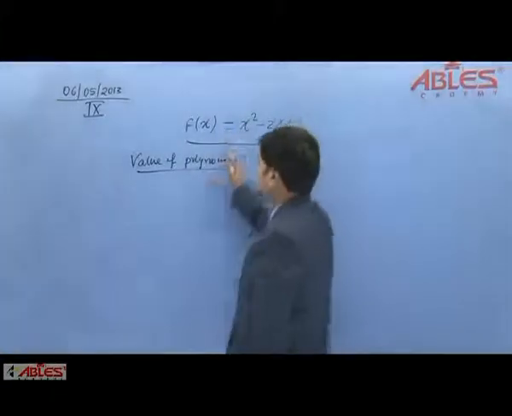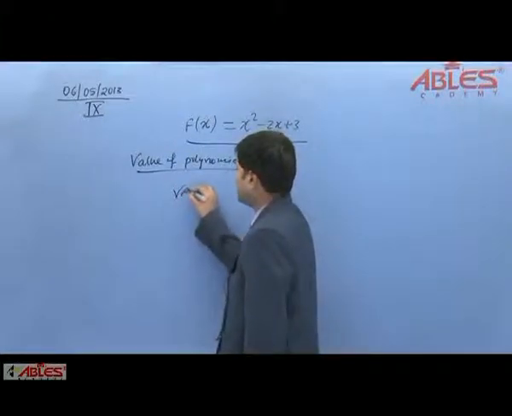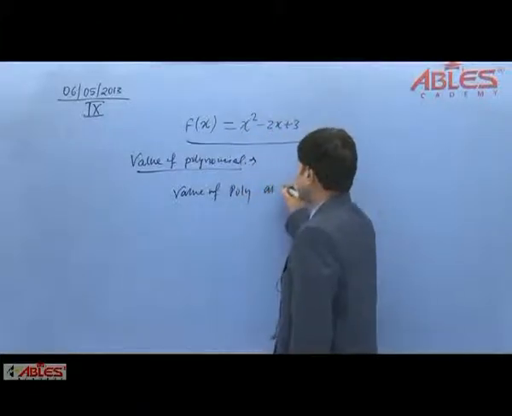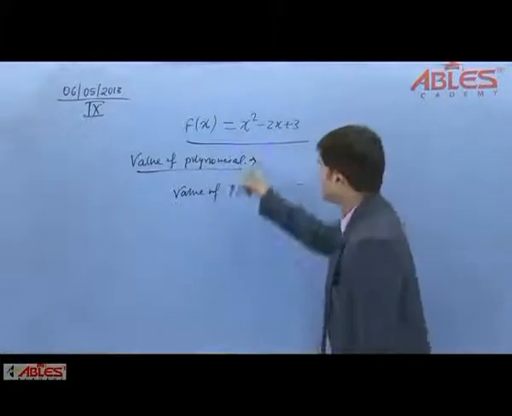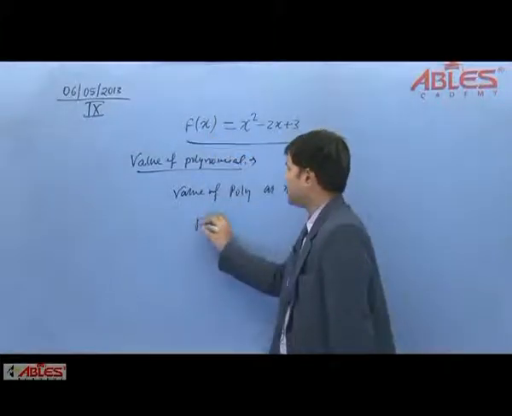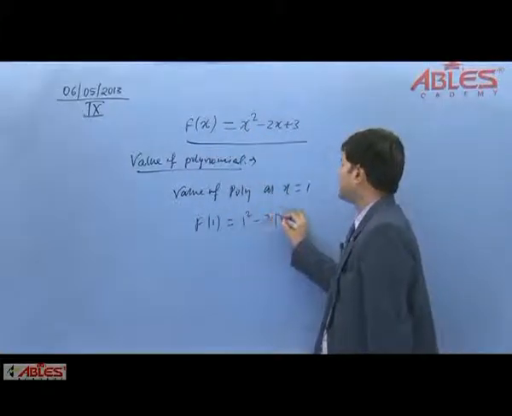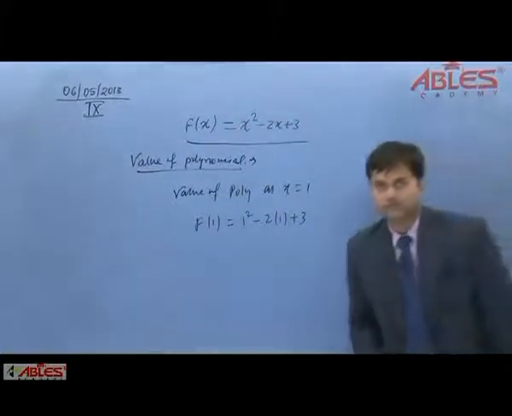We have to find its value at x equals 1. That means we have to put x equals 1 here. So f of 1 you will get as 1 square minus 2 into 1 plus 3. So we are getting the value of the polynomial at x equals 1.